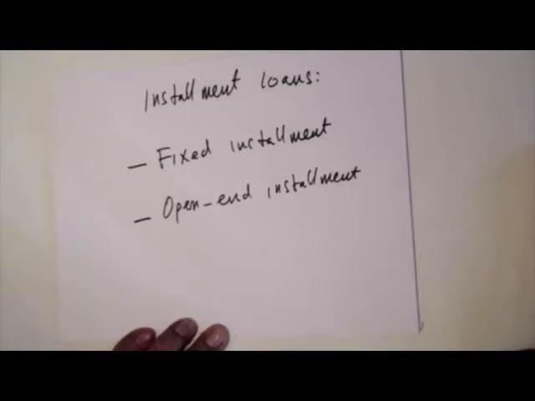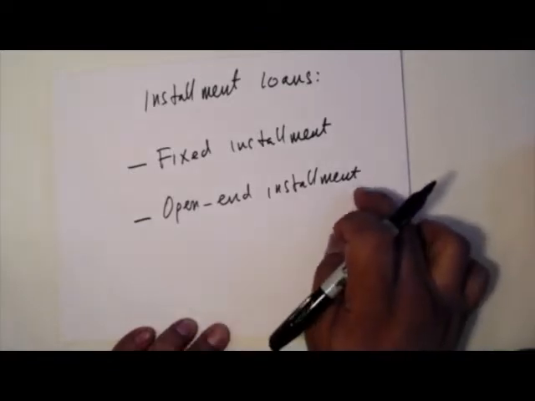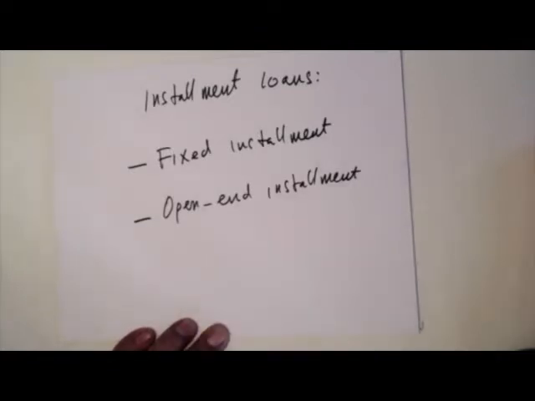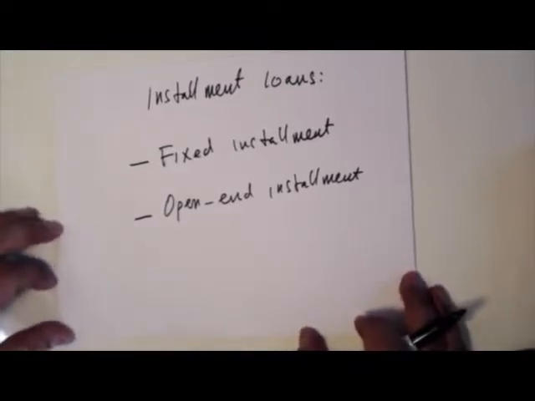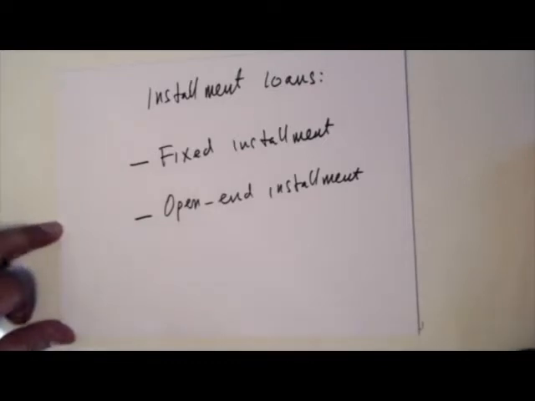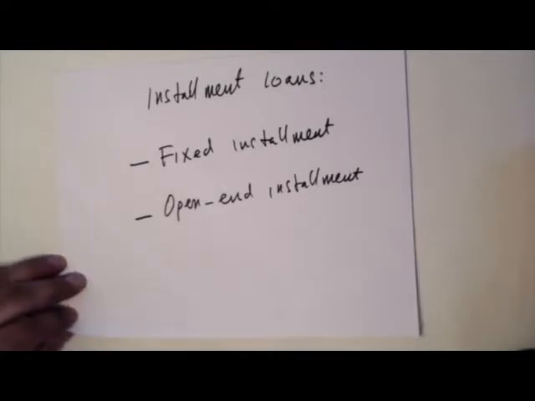The other installment loan is the open-end installment. This is typically what credit cards can do. You can buy an item and pay it either at once or make payments regularly. So these are the two types of loans that you can have and agree to pay periodically.